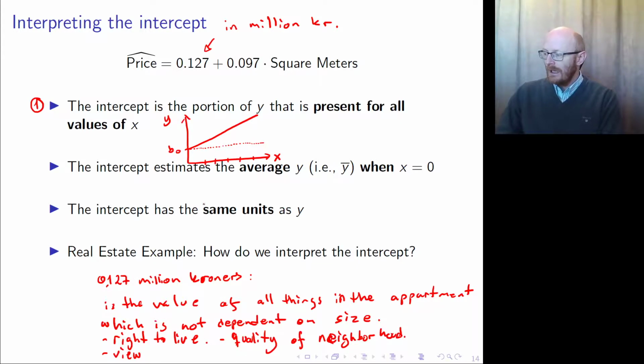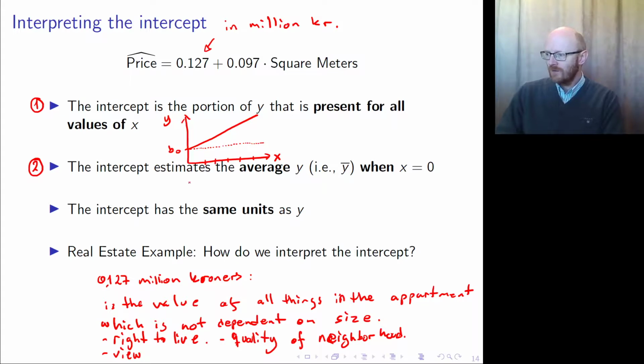Okay, and that's one way of looking at the intercept. A second way to look at the intercept, which is not relevant to our example: the intercept estimates the average y when x equals 0.